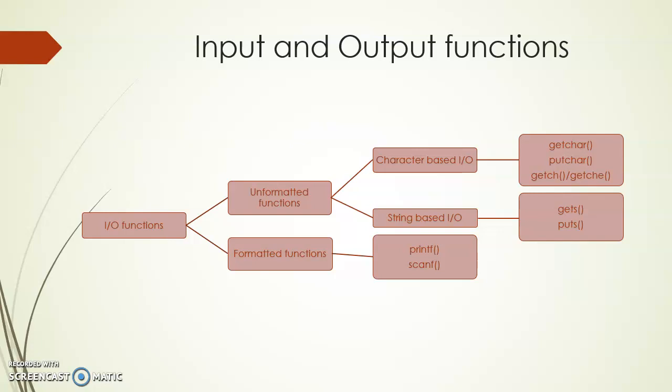Now, formatted functions. What are formatted functions? They are the most commonly known input-output functions, already used in almost all C programs. The examples are very well known to us, that is scanf and printf. They fall in this category and we have used them in our programs many times.